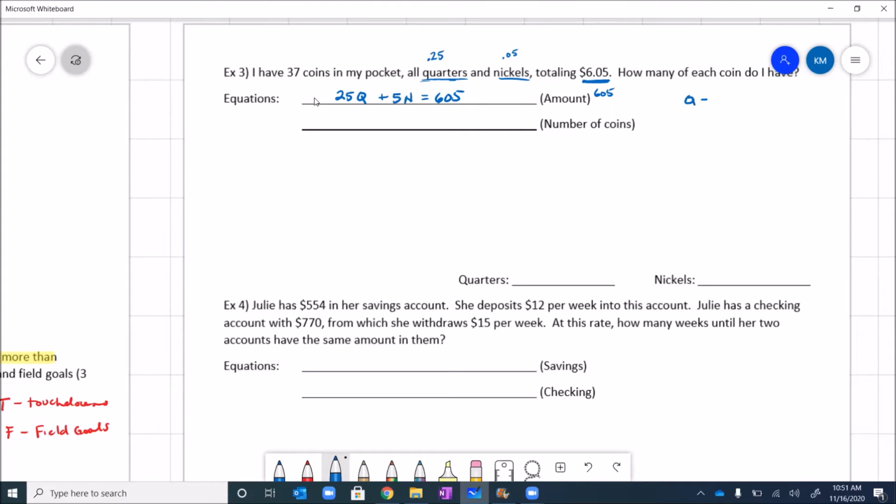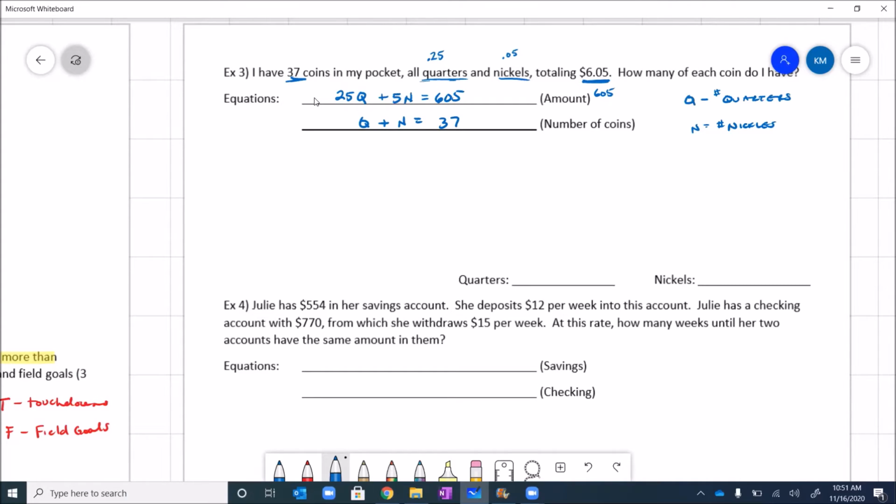Kind of took it for granted, but Q stands for quarters. And N stands for the number of nickels. Okay, all right. Now the amount of coins, they said I had 37 coins in my pocket. So the number of quarters plus the number of nickels should equal 37.